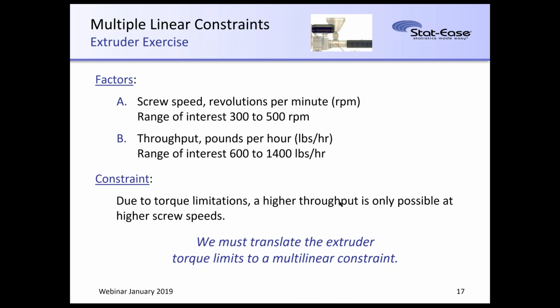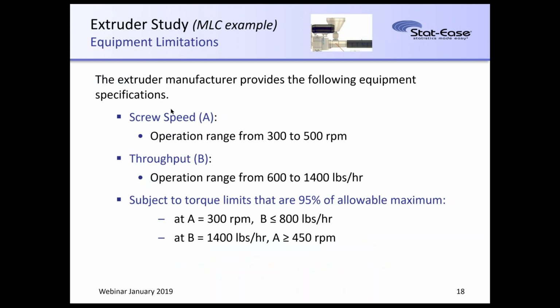So a higher throughput is only possible at higher screw speeds. So we have to translate these torque limits into a multilinear constraint. The extruder manufacturer provides the specifications, and we decide we're only going to go up to 95% of what the manufacturer gives as the allowable maximum.